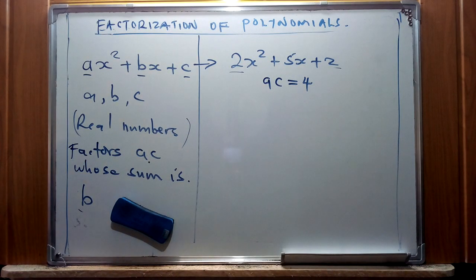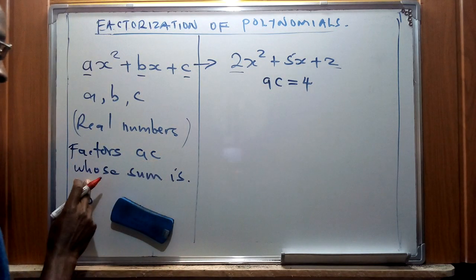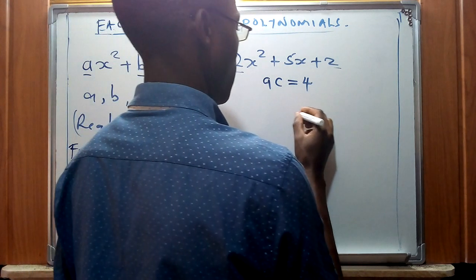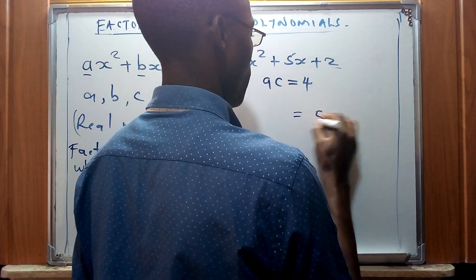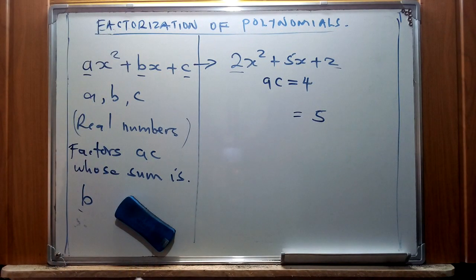And then therefore we're going to look for factors of 4 whose sum is b. So we are expecting a sum of 5, which is resulting from the factors of this specific number.